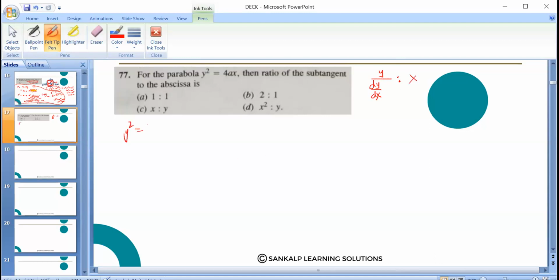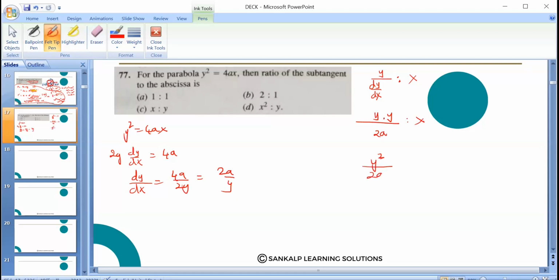So first y square equal to 4ax. 2y dy by dx is 4a. Or dy by dx is 4a by 2y. That is 2a by y. So y by 2a by y is to x.